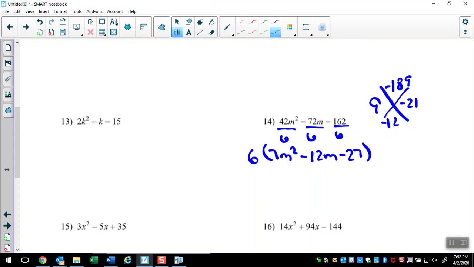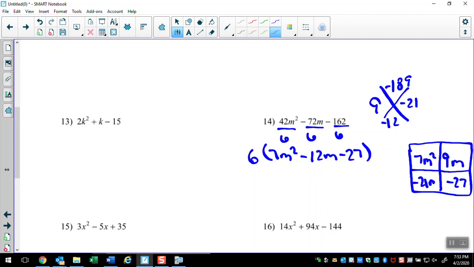Now I have to make my box. Because my leading coefficient is not 1, I have to make a box. So my first term, 7m squared, my last term, and then I split the middle, 9m, negative 21m.